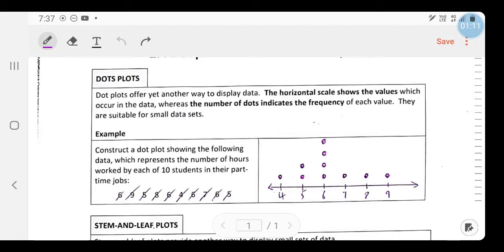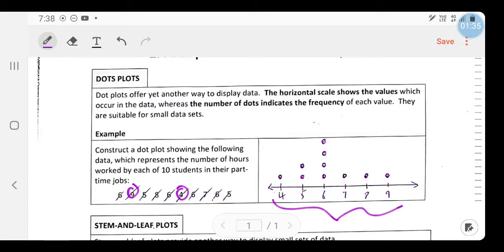So you identify your smallest number and your largest number, and then you create a scale against the horizontal axis that extends from at least your smallest number to the largest number, maybe an extra one on either side just for good measure.